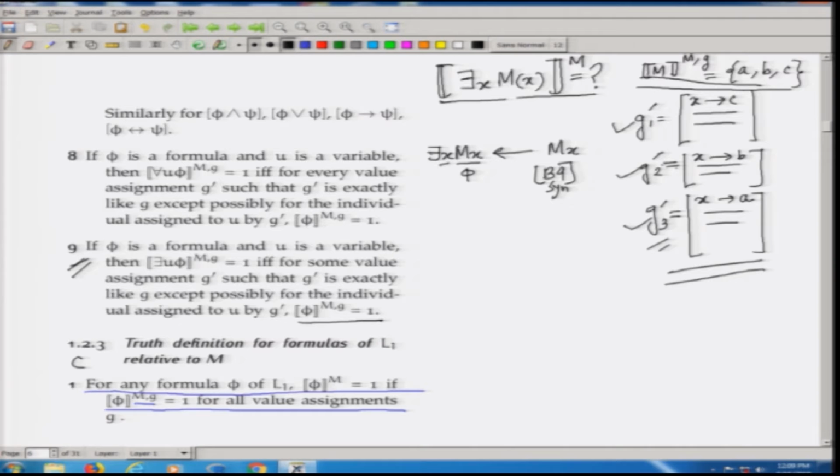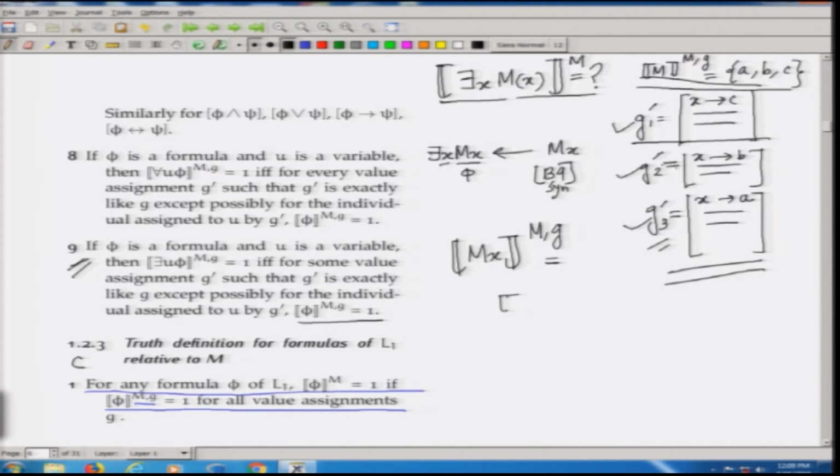Now, we find it is even g, because all a, b, c, all three belong to it. We can see that just from g prime 1, which is g itself, that the denotation of mx with respect to m and g is just g, because g only assigns c to x.